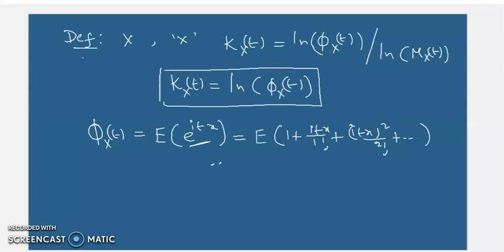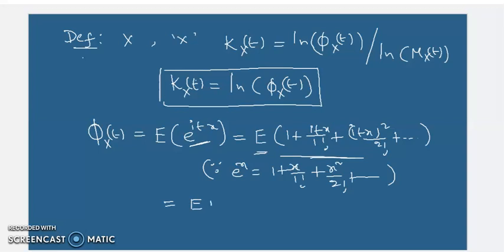Why? Because we know that e^x is equal to 1 plus x by 1 factorial plus x square by 2 factorial plus and so on. Like that we write it. Now we can apply E to each term of this bracket.